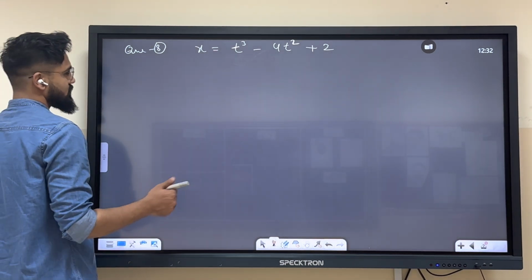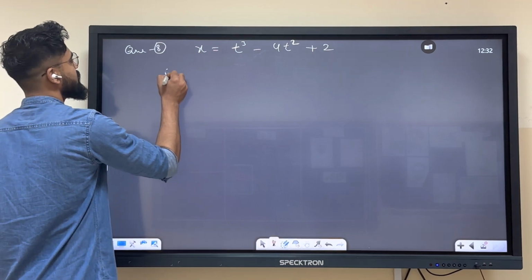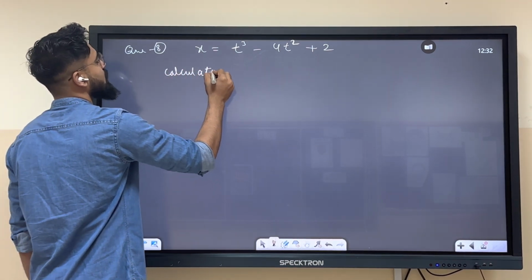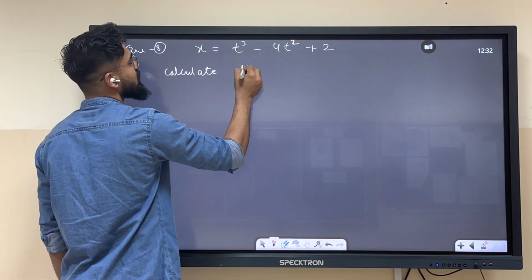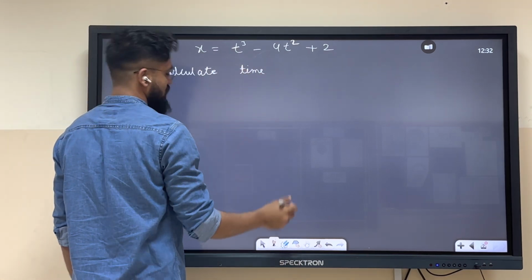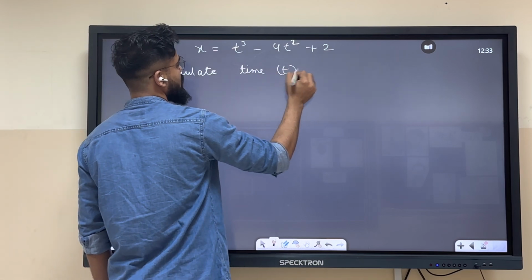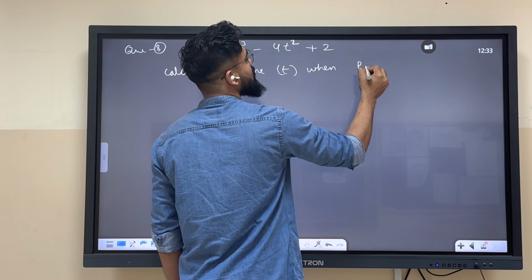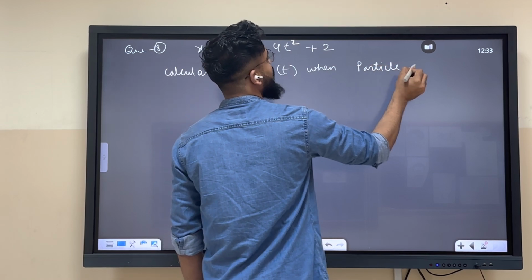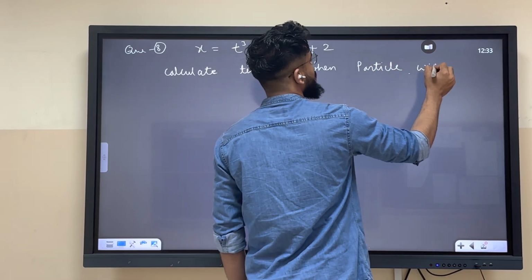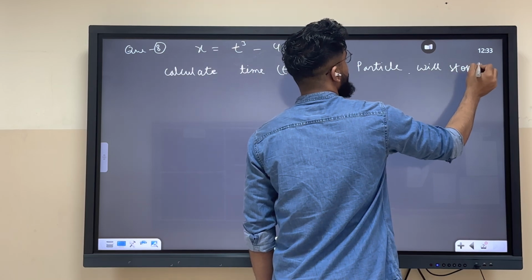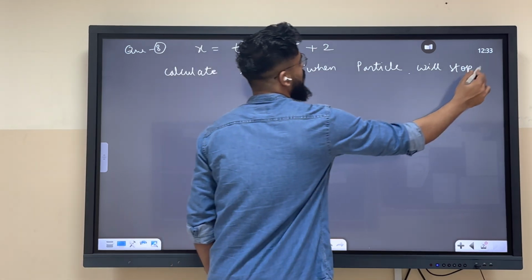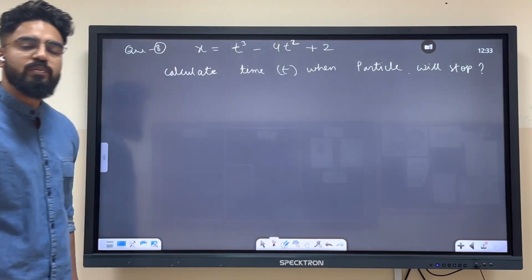So now calculate the time t when the particle will stop. If the particle will stop, what should be 0?